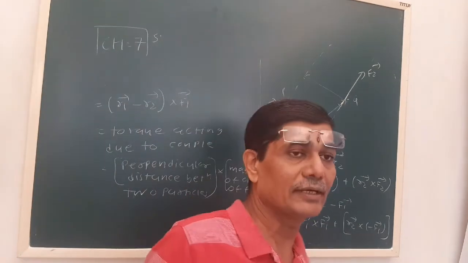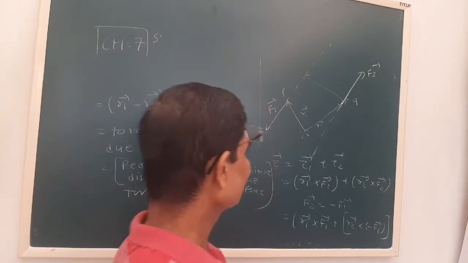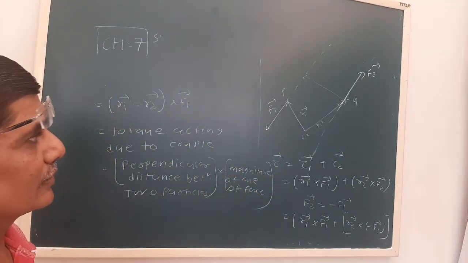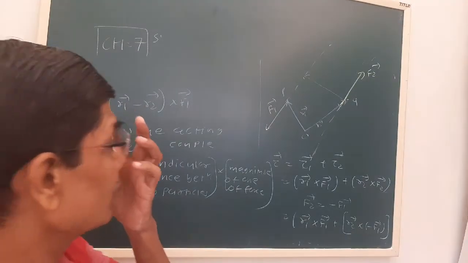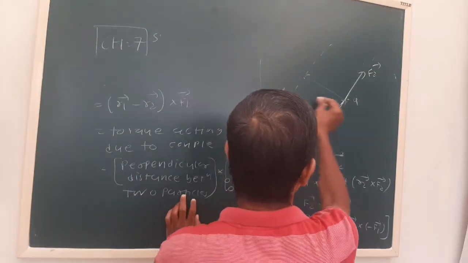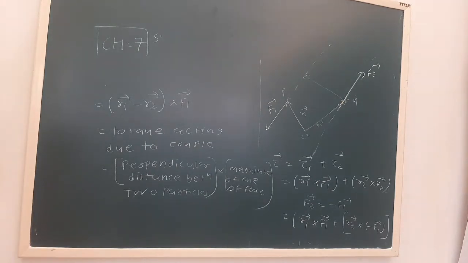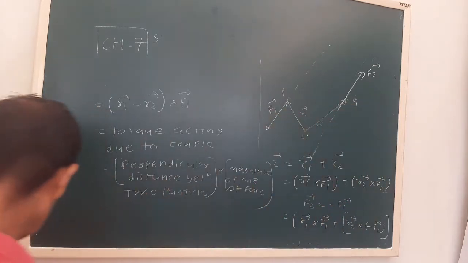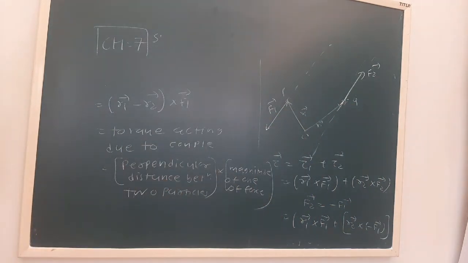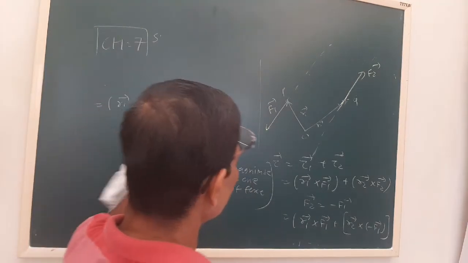Because F1 and F2 are forces of equal magnitude but in opposite direction. And by the geometry of the figure we can obtain the perpendicular distance. So this is about the torque acting due to a couple. Next we have to talk about moment of inertia.